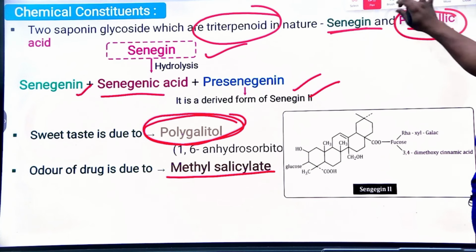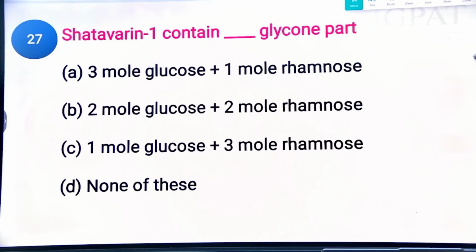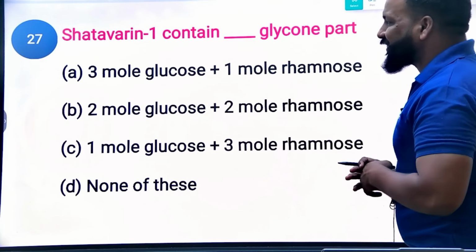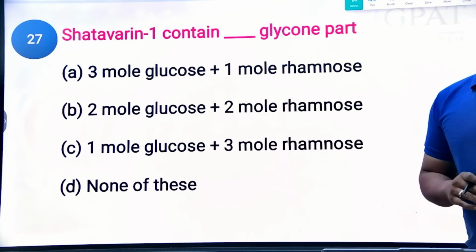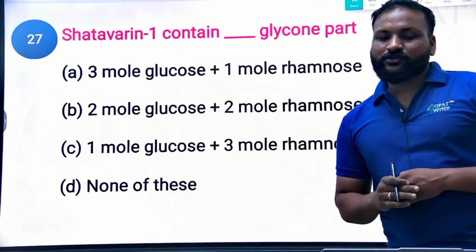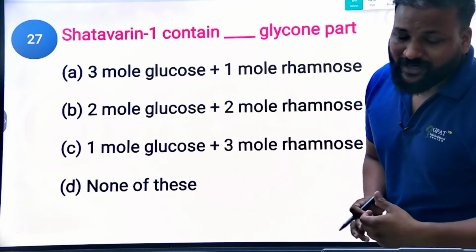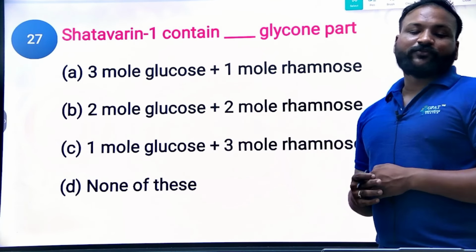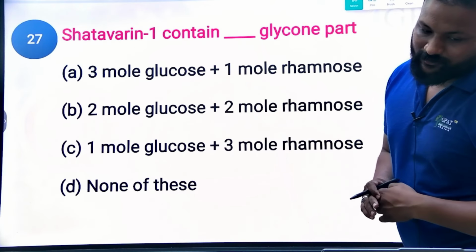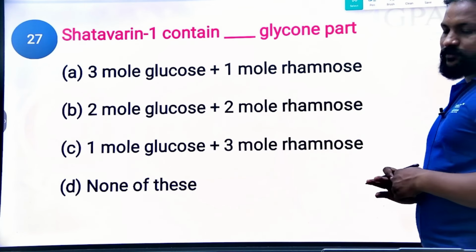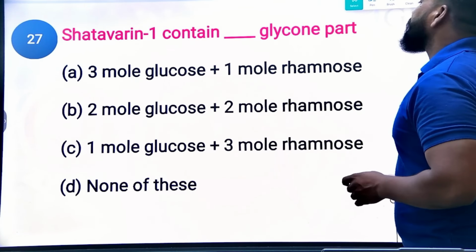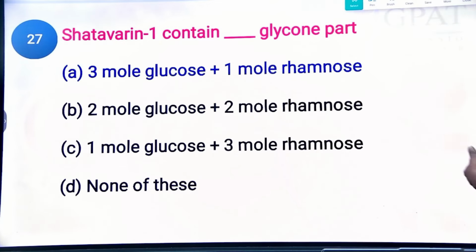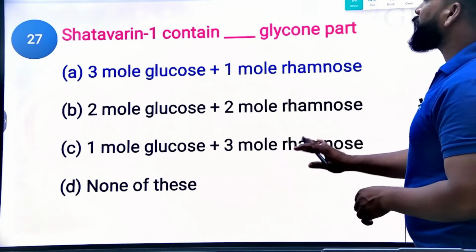Next question. Shatavarin 1 contains which of the following as a glycone part? Which of the following is the sugar molecule for shatavarin 1? 3 moles of glucose and 1 mole of rhamnose, 2 moles of glucose and 2 moles of rhamnose, 1 mole of glucose and 3 moles of rhamnose, and none of these. What is the correct match? The right answer is that shatavarin 1 contains 3 moles of glucose and 1 mole of rhamnose.